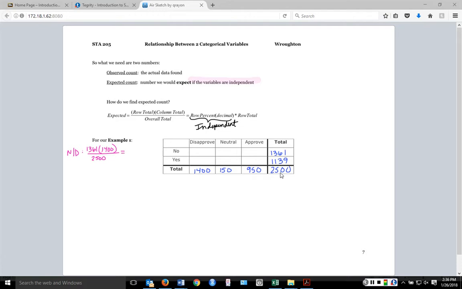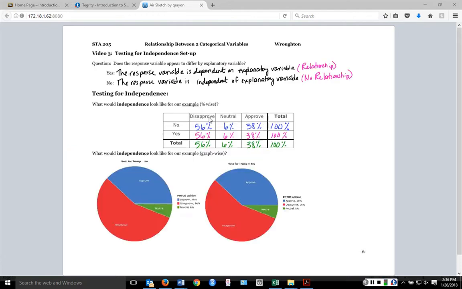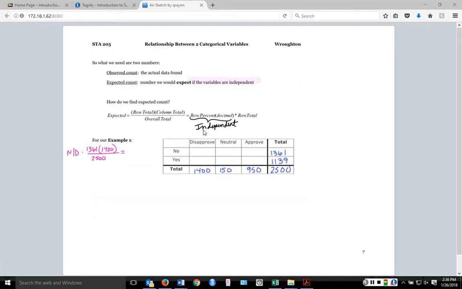Let's see what this looks like in our other formula. The first thing I need is the row percent in decimal form based upon independence. What that's going to be here for us is this 56%. So this is going to be the same thing as 56% of my row total, which is 1,361. And so what we get here is 762.16.